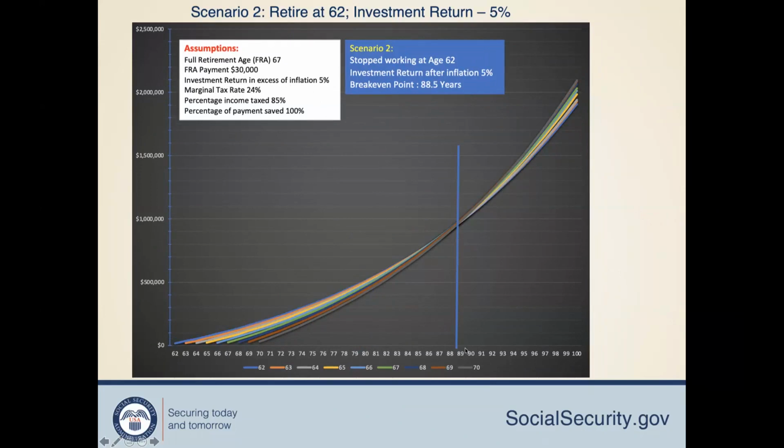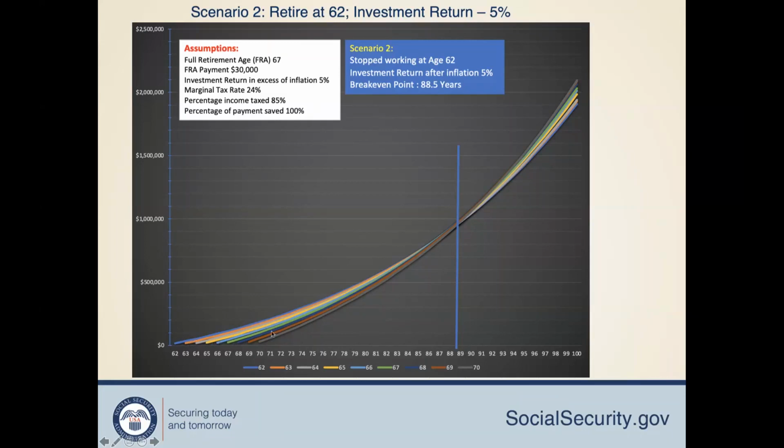Then it really doesn't matter when you start claiming, earlier or later. You are going to wait a long time for 70 to catch up, because when you start collecting at 62, you invest it and get a return of 5%. That all adds up, which is why the break-even point has changed from 79 to almost 89.